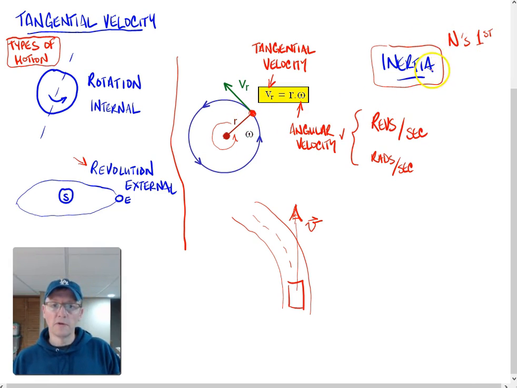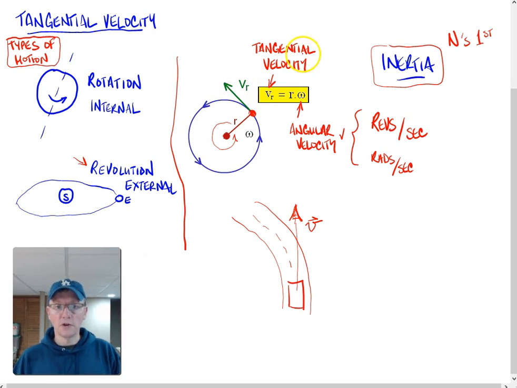Why? Because of Newton's first law of motion: objects move in a straight line at the same speed unless they're acted upon by an outside force. The outside force is applied by the string. Again, we're going to talk about that next time. But once that string force is gone, the object is just going to move in a straight line at the same speed.